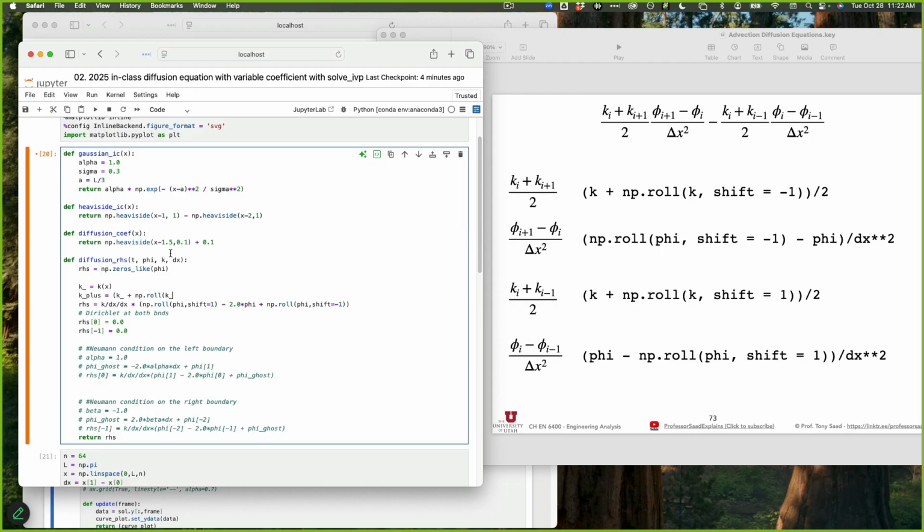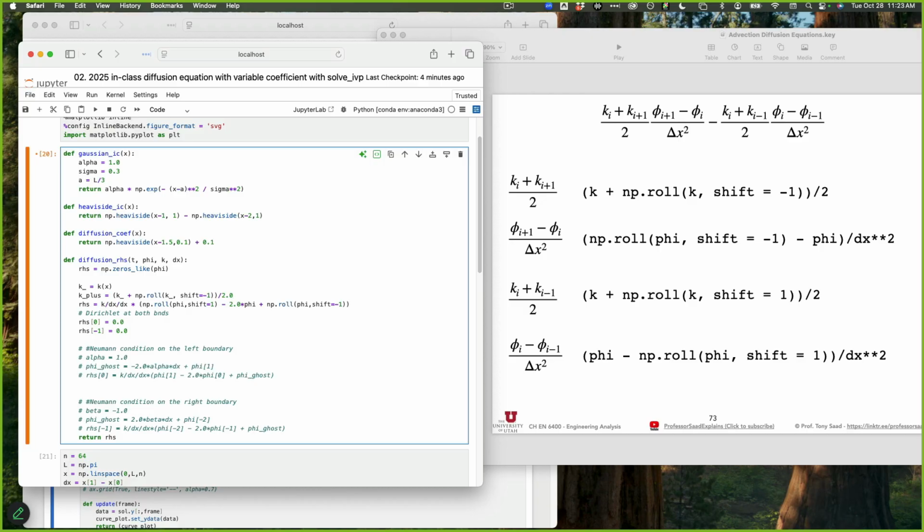Now, like I said, you could pass k as an array over here, it's up to you. Instead, I passed the function name, and I'm calling it in here. Either way would work. If you had passed k as an array, you don't need this line anymore. So numpy.roll of k_, and I'm going to shift by -1, shift equal -1. So that's k i plus 1, and then over 2.